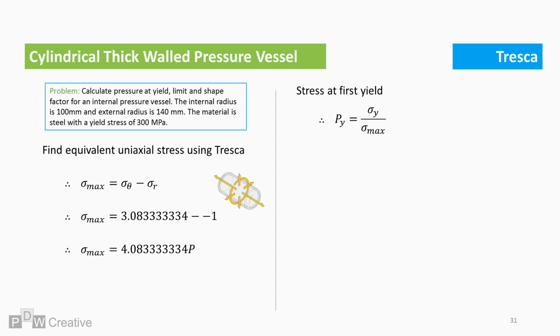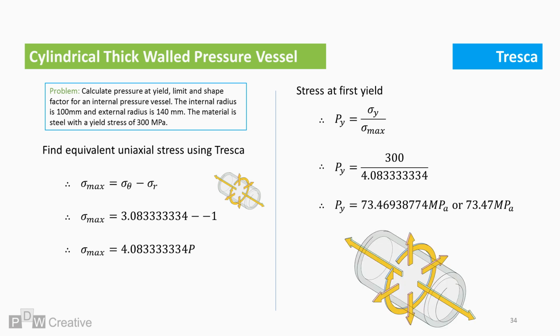The internal yield pressure is yield stress over max stress, which is 300 over 4.083, which gives us 73.47. Okay, so uniaxial stress or pressure for first yield at the internal vessel wall is therefore 73.47 megapascals.